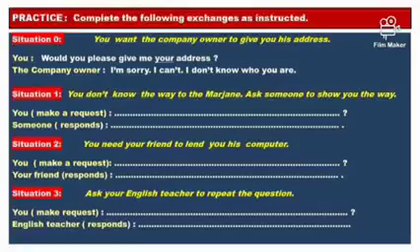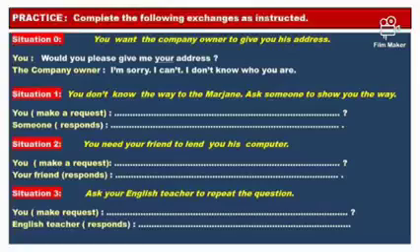The company owner, I'm sorry, I can't. I don't know who you are. So in this example, we have the expression, would you please? So this is to make a request. But in the answer or response, we have, I'm sorry, I can't. This is a negative response.